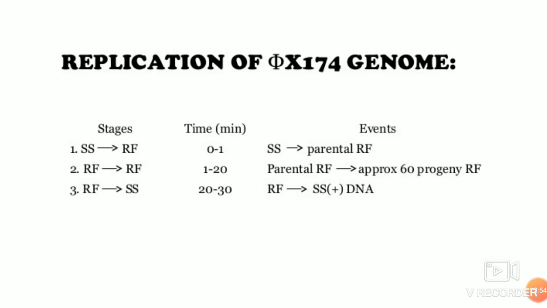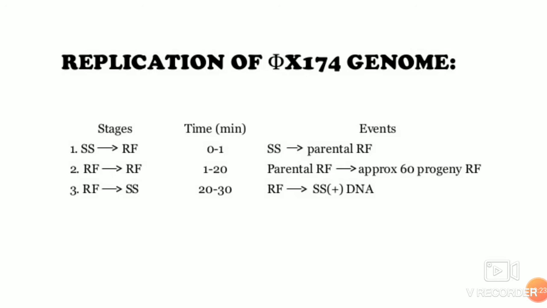First you have the single stranded circular form, and that forms the replicative form within 1 minute of infection, and many replicative forms are formed. What is the meaning of replicative form? That means the positive single strand circularly closed DNA forms the opposite strand, that is a negative strand.